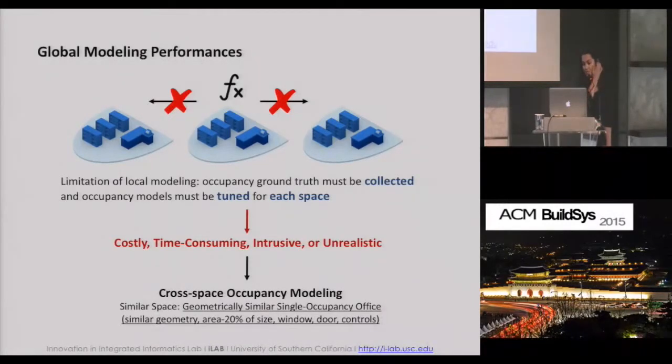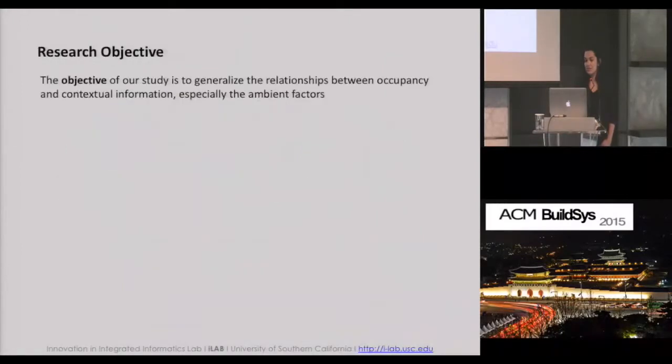So what we proposed here is a cross-space occupancy modeling, and I'm not claiming that this modeling works for all kinds of spaces, but I am claiming that it works for geometrically similar spaces. The way that we define it is two spaces are similar if they're within 20% of the area, and if they have similar controls, windows, doors, and such.